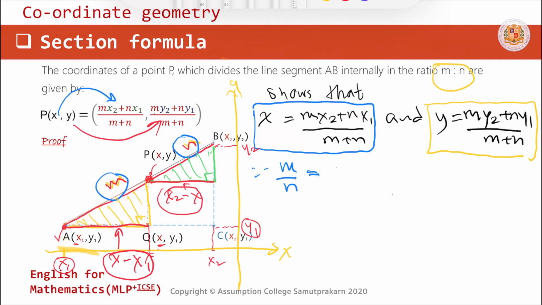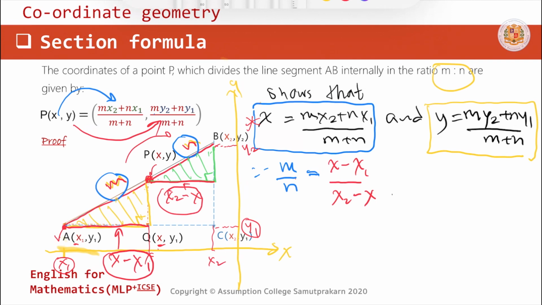So m to n is equal to x minus x1 to x2 minus x, and we're gonna have to prove that x is equal to mx2 plus nx1 divided by m plus n, right?